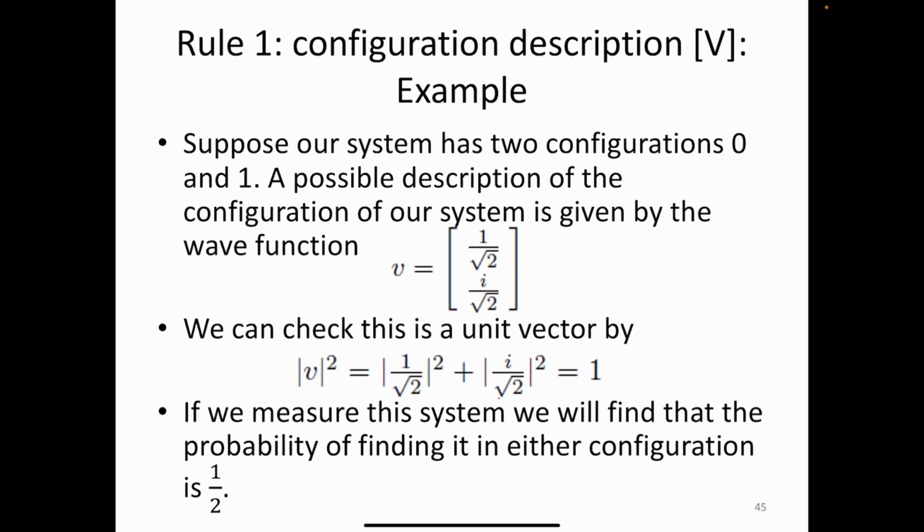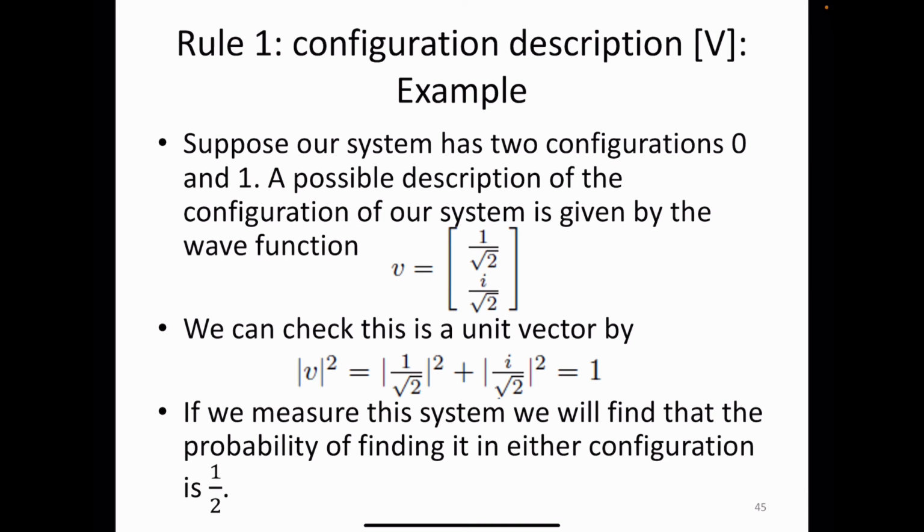Okay. And now if we just look at one example here, I think that helps again. A possible description of the configuration of our system is given by the wave function 1 over square root of 2 and i over square root of 2. You can check that this is a unit vector easily. If we just square it, 1 over square root of 2 squared of course gives you 1/2.